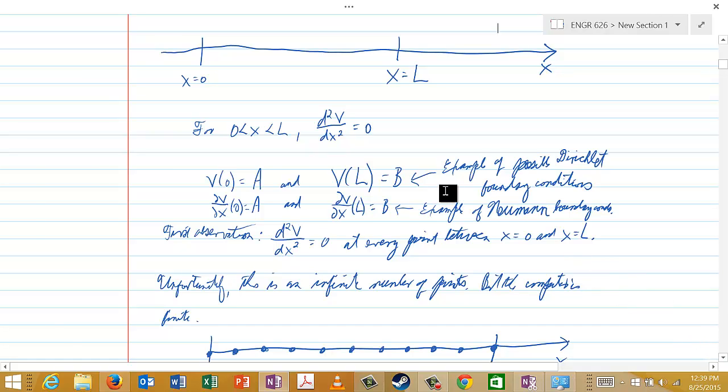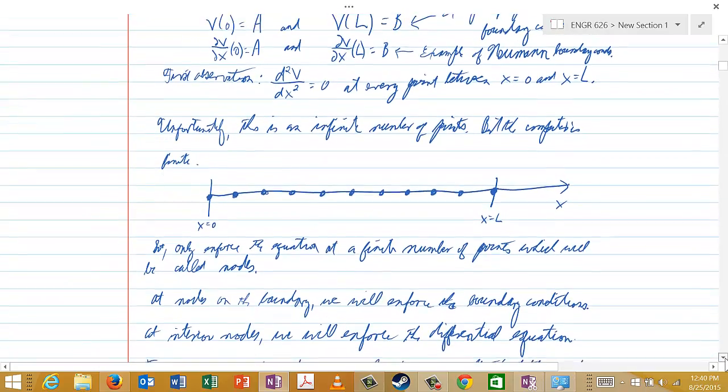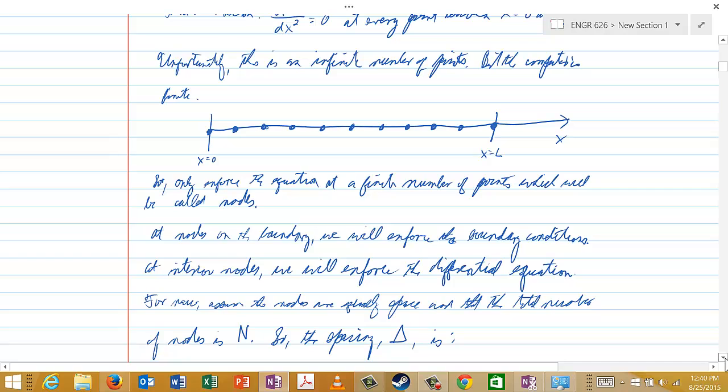Now, as we begin to think a little more about how we're going to solve this equation, one of the first things we realize is that we want to find v in this region between x equals 0 and x equals L. And of course, there are an infinite number of points between x equals 0 and x equals L, and we can't solve an infinite number of equations on a computer.